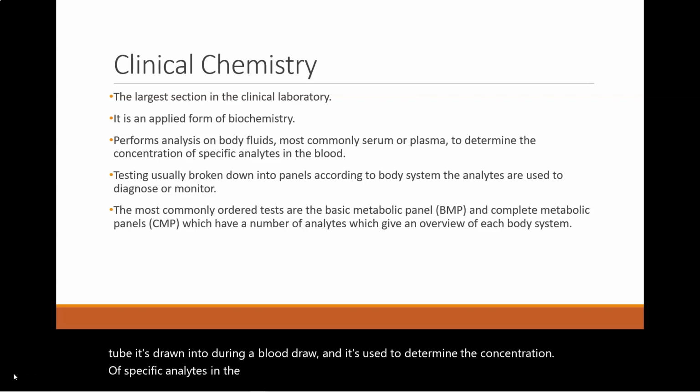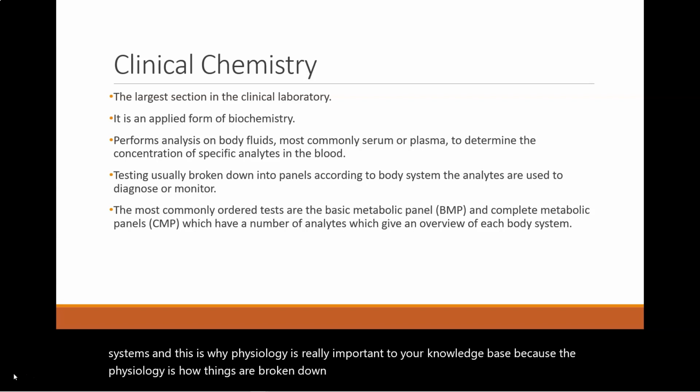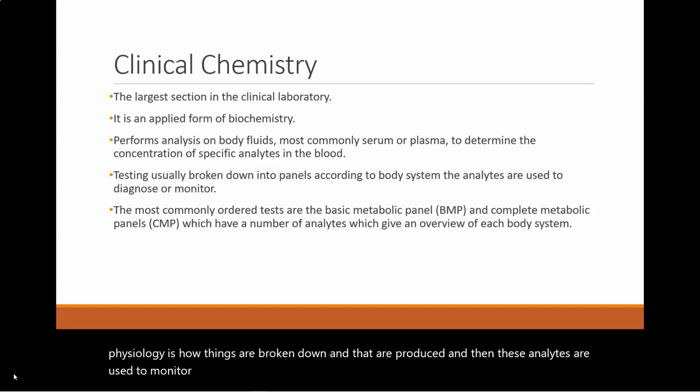Testing is usually broken down into panels according to body systems. And this is why physiology is really important to your knowledge base, because physiology is how things are broken down and substances are produced. And then these analytes are used to monitor and diagnose disease states.